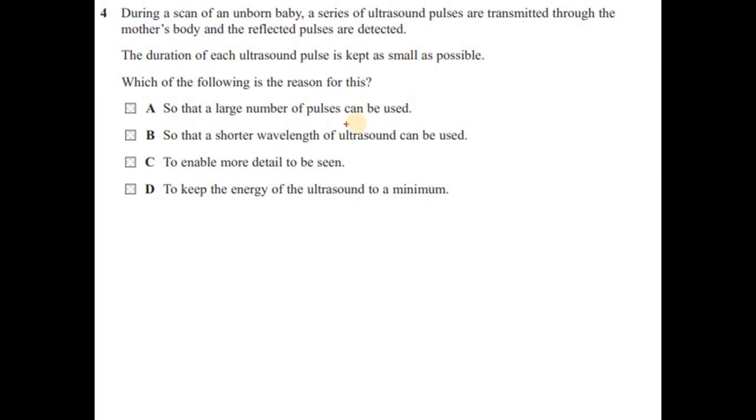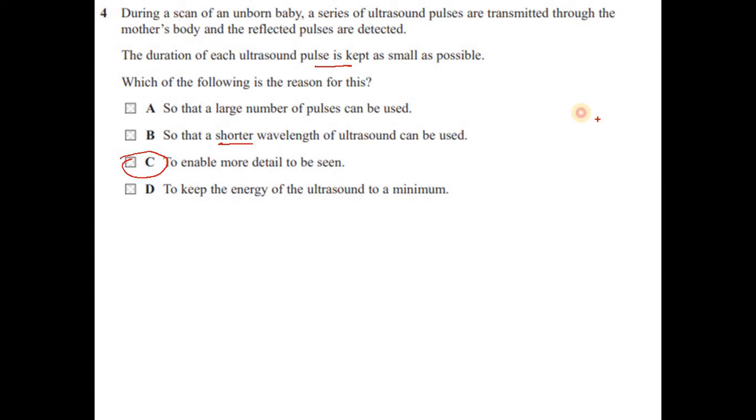So a large number of pulses can be used. No, the time duration is very short, so we cannot send a large number of pulses, so the number of pulses will be less. So that the shorter wavelength of ultrasound can be used. There's nothing to do with the time with the shorter wavelength. To enable more detail, yes indeed, it's option C, to enable more detail to be seen.